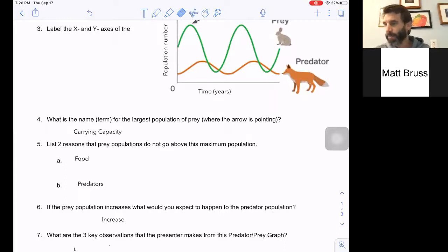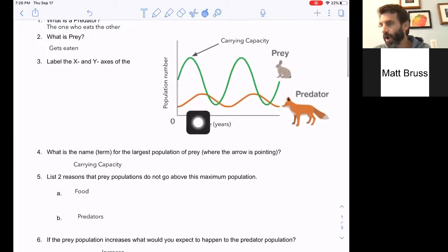We did notice a couple things though, that when the prey population rises, it takes a little bit of time for the predator population to respond, right? And we call that it lags behind. The predator population sort of lags behind whatever's happening in the prey population.